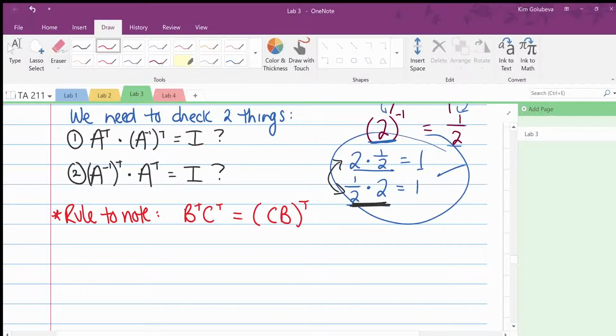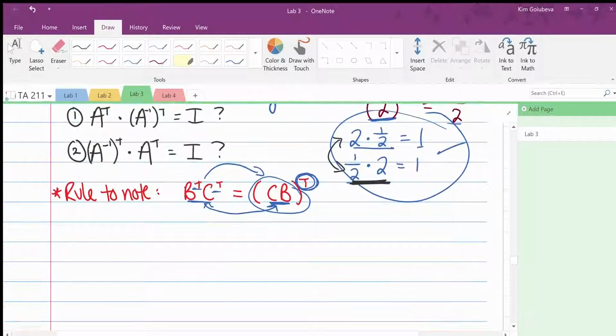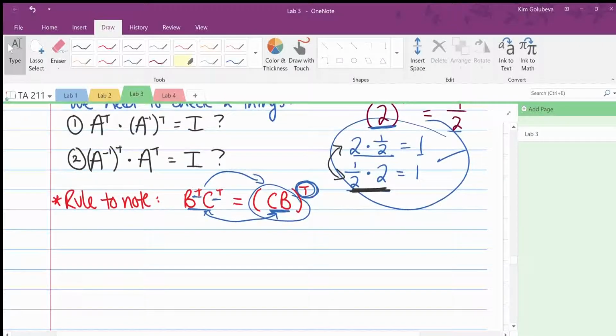In other words, you can put them both into the same bracket and transpose both of them on the outside. But note that the order of the matrices changed. B transpose times C transpose becomes C times B, transposed.